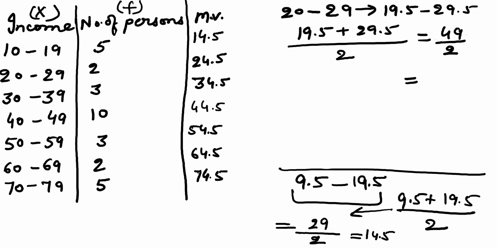So we get 49 by 2, and if we divide 49 by 2, we get the value as 24.5.